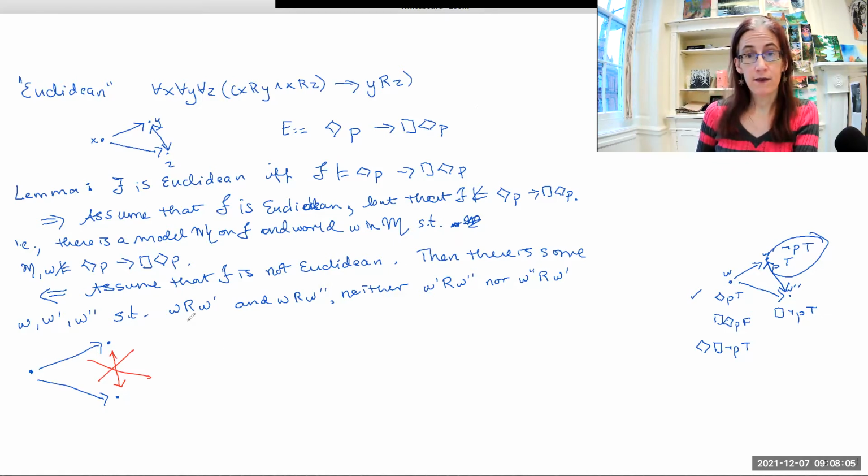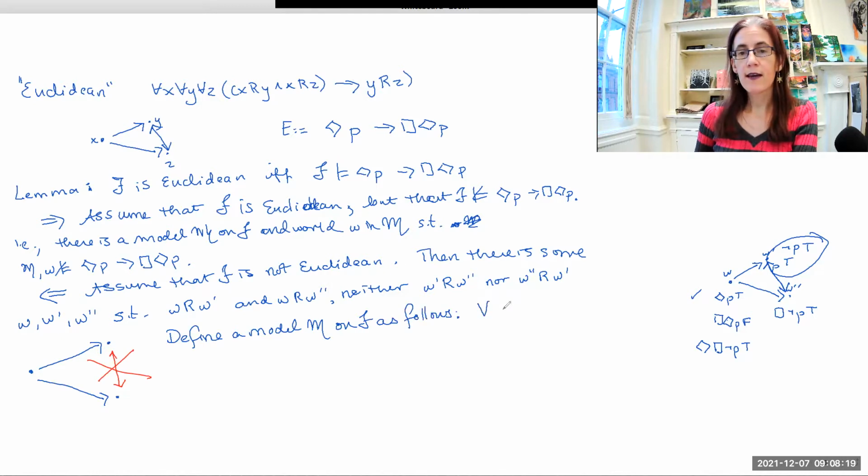So let us define our model this way. We need to have a model M on F as follows. We will say that at this world W prime, the value of P is true, because then it follows that at W, P is possible.